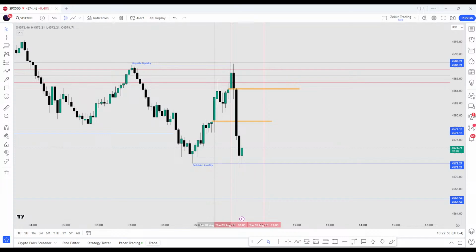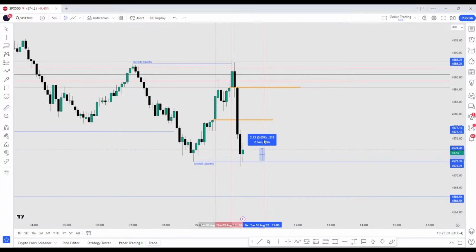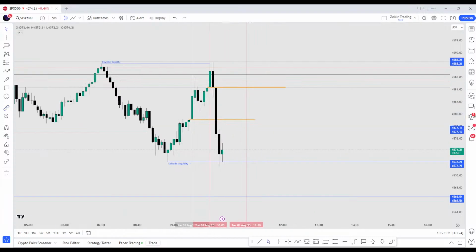This could act as resistance, and I'm expecting also the jaw, which would be around 10 points if I get a setup. But yeah, it would be nice to have a setup soon.